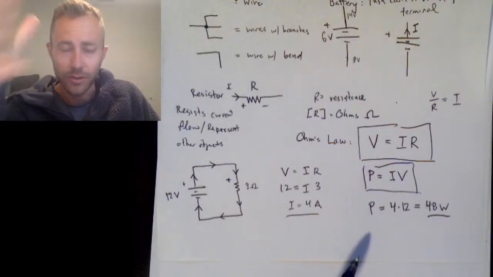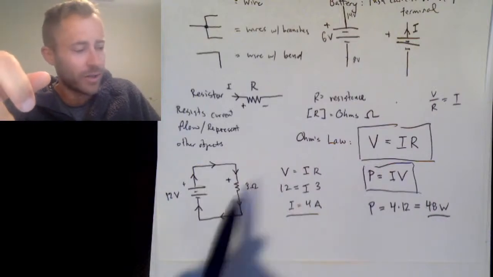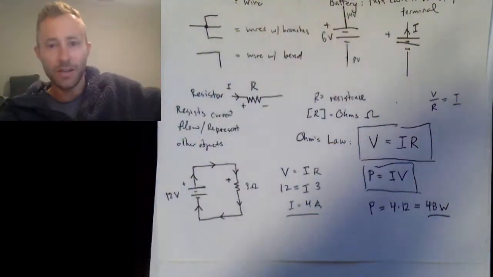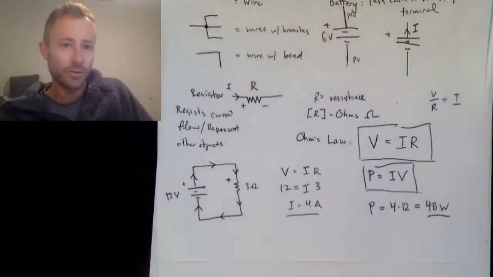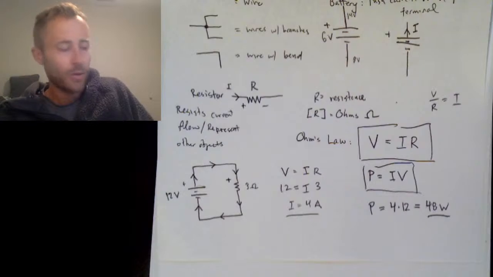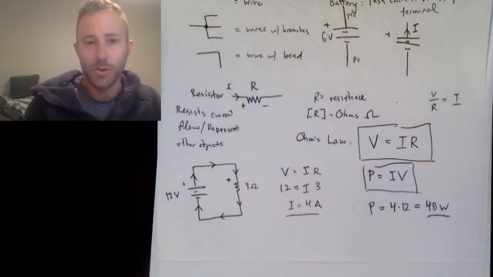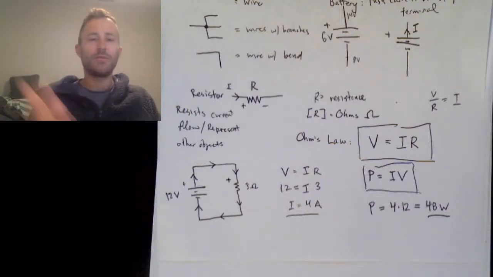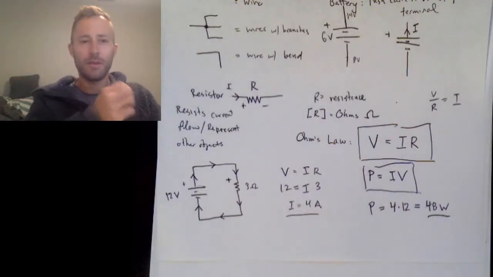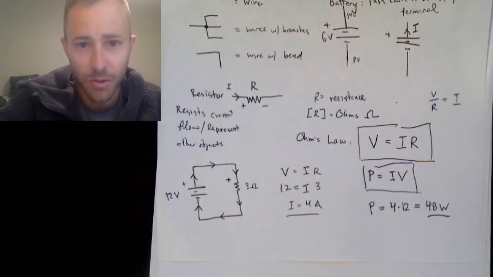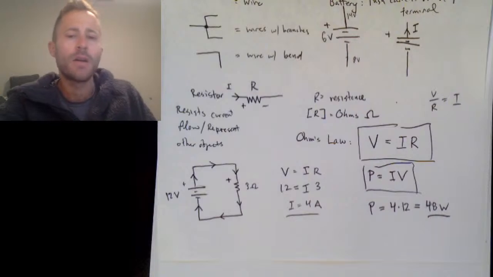If this is representing a light bulb, then the light that's coming out is carrying 48 joules of energy per second away from the light bulb. Or if it's a motor that's lifting something, it's adding 48 joules of gravitational potential energy every second, something like that.